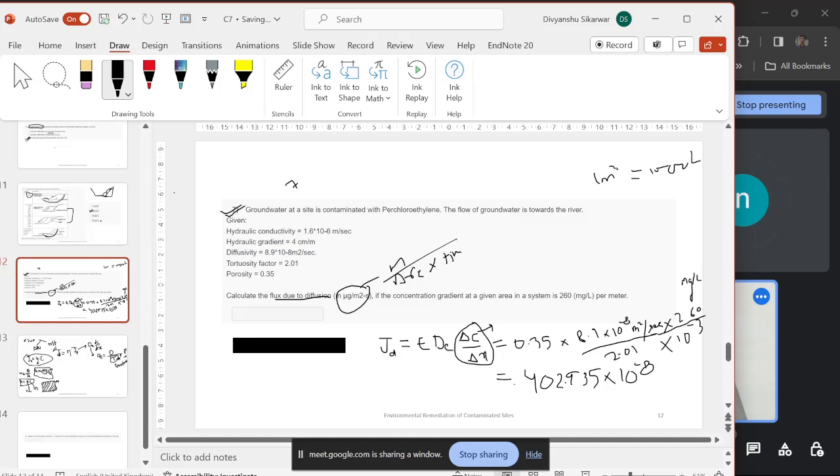Yes, sir. So it will be 1 liter meter cube, so it will be around minus 5, right?